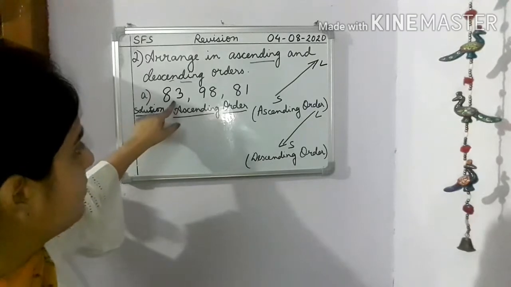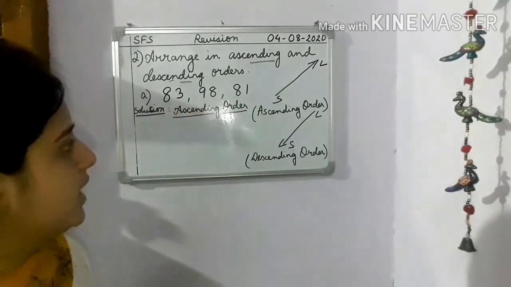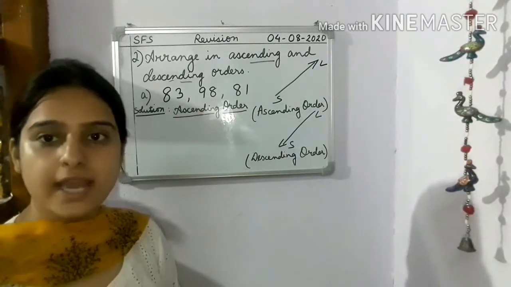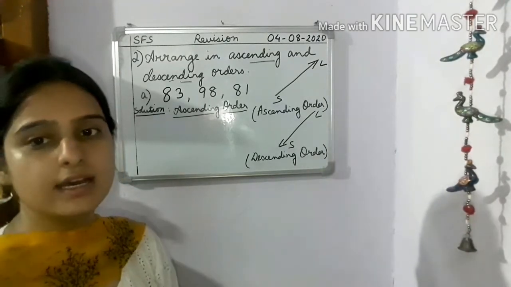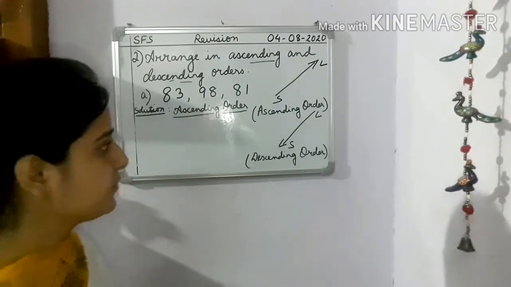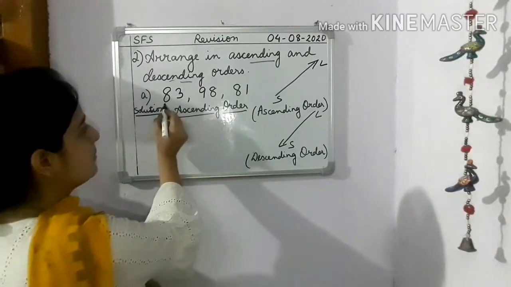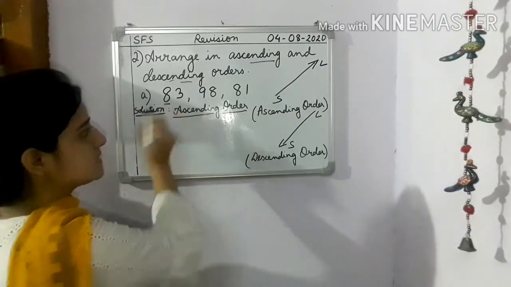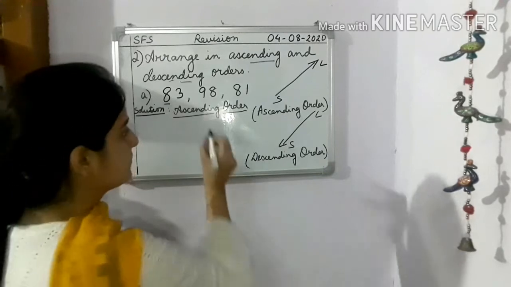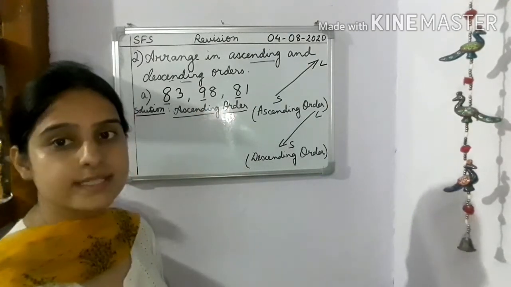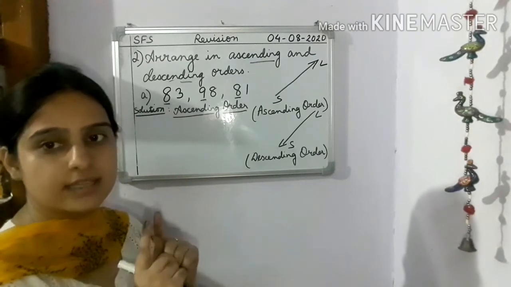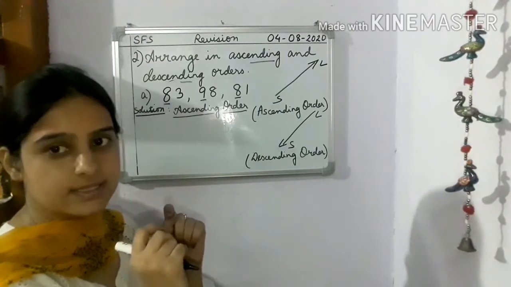So the numbers 83, 98 and 81. We will compare and find out the smallest number. Then we will move towards the largest number. Okay. So let's compare. Start comparing from the tens place. This is 8. This is 9. And here it is 8. Now you can see that 2 8s are there, which is the smallest, isn't it?